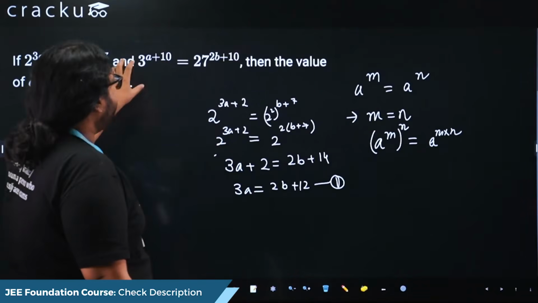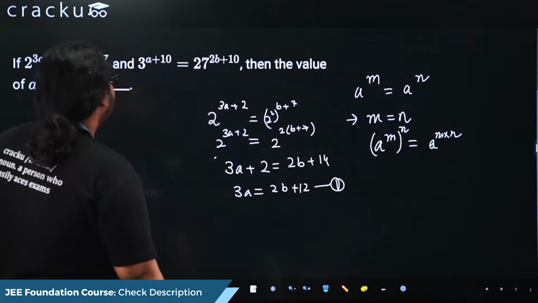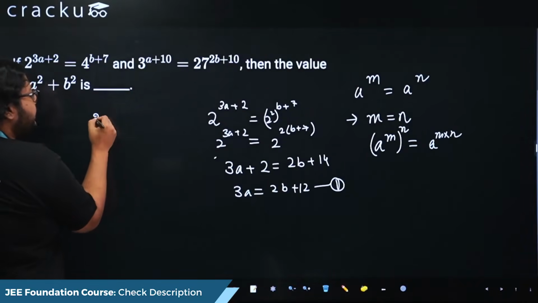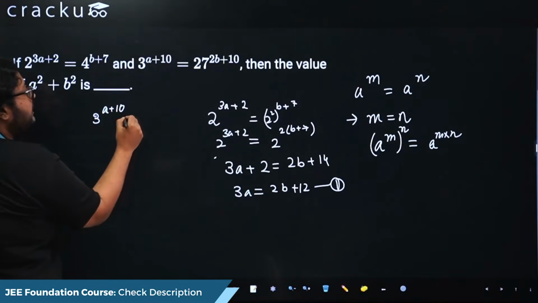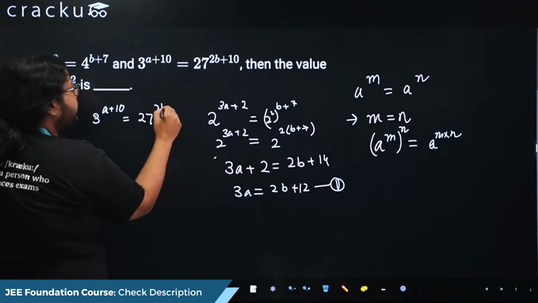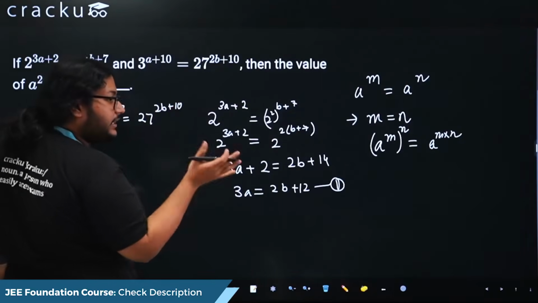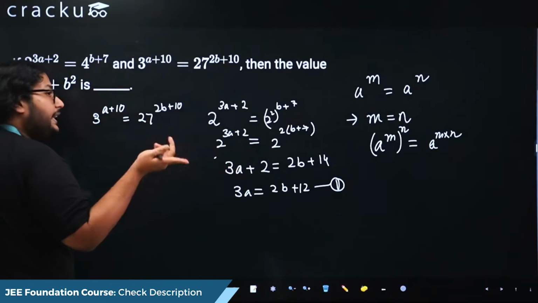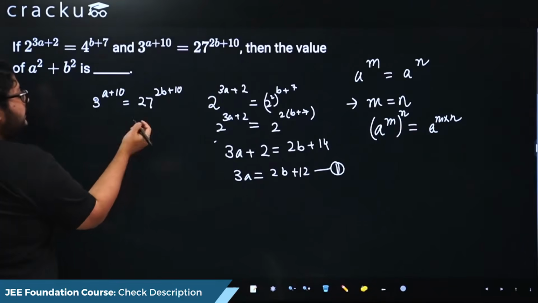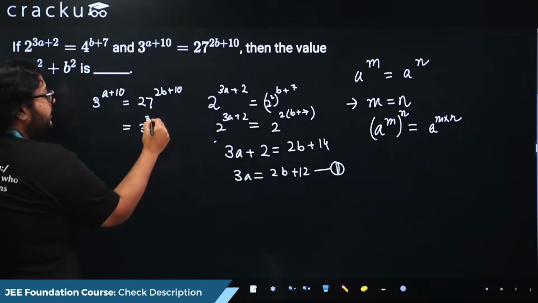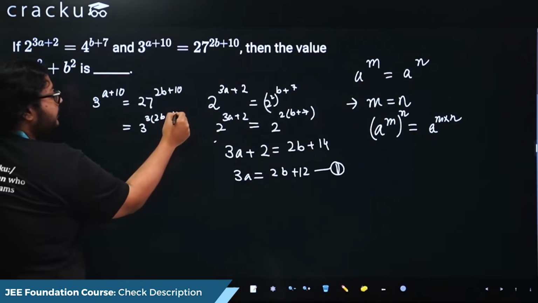Second equation, I'll simplify this one. This one says 3 to the power a plus 10 is equal to 27 to the power 2b plus 10. 27 is basically 3 cube. 9 3s are 27. So I can write 3 to the power 3 into 2b plus 10.